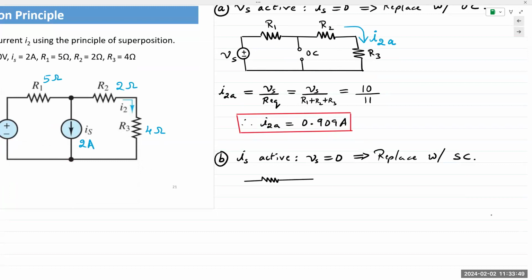And this time I will combine R2 and R3 together.